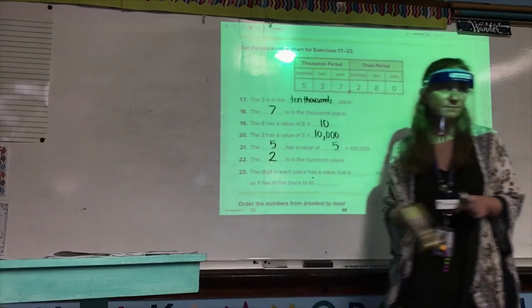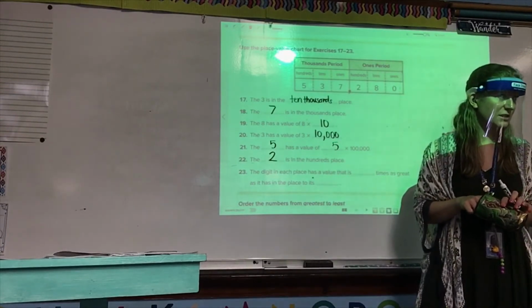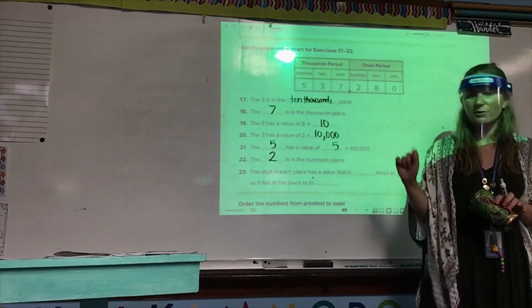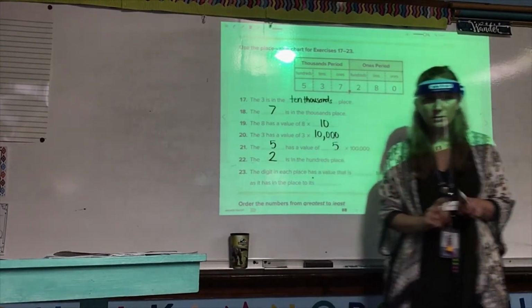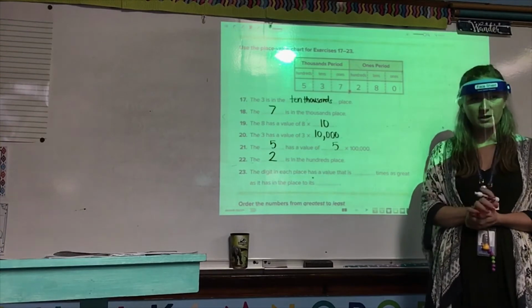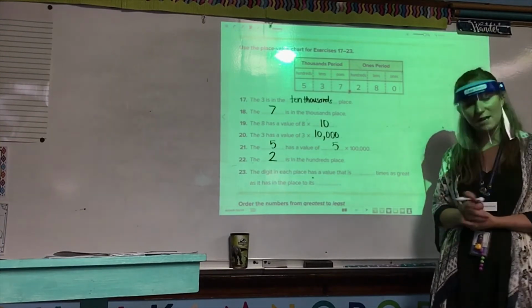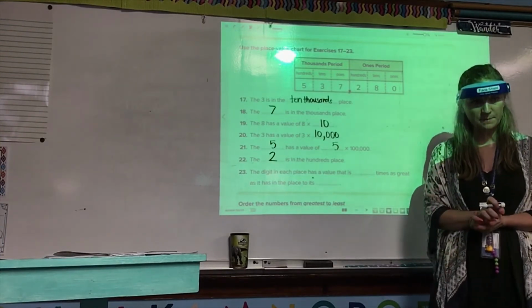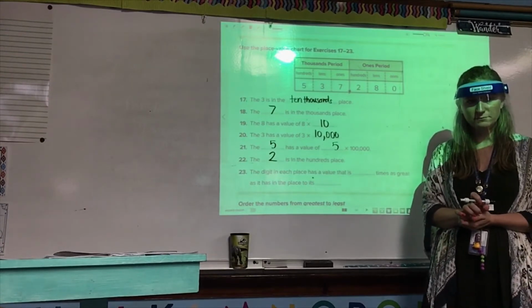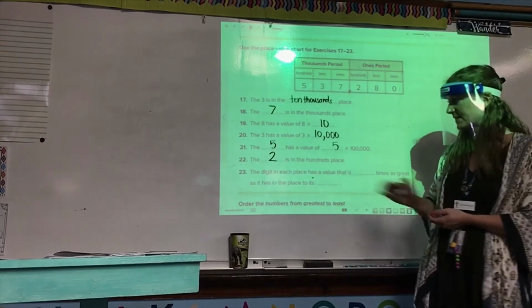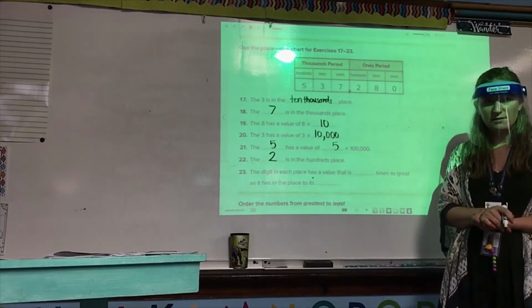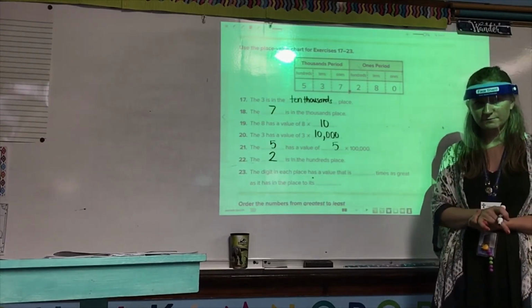Number 23. I bet a lot of you had no idea what this was asking. Who knew the answer to number 23? Colin, how did you know the answer to number 23? Where was that exact same sentence with the blanks filled in?